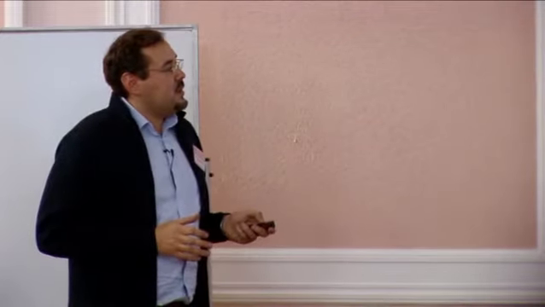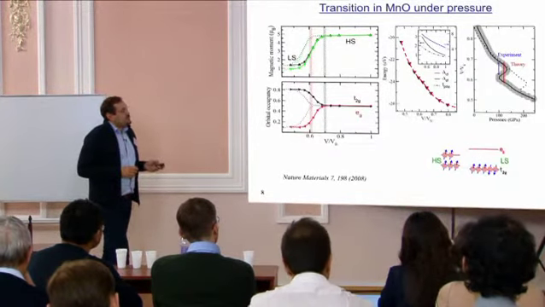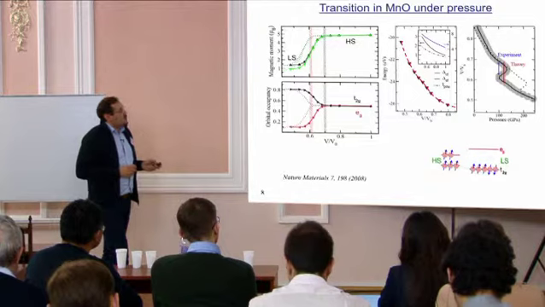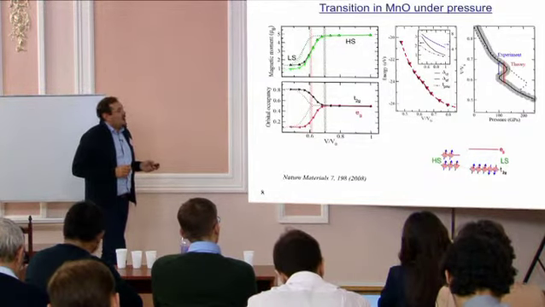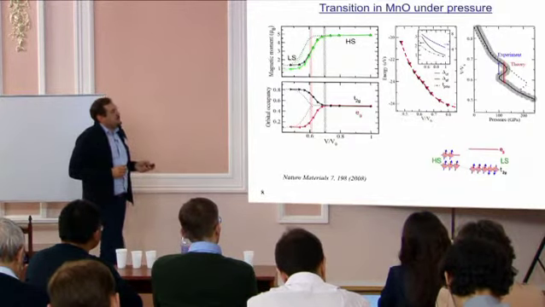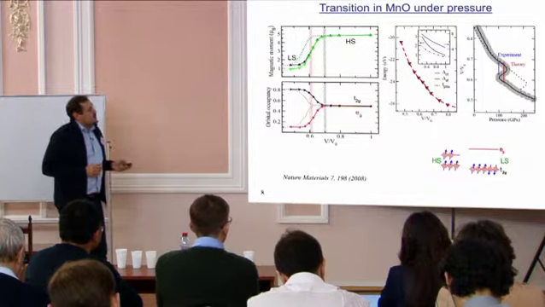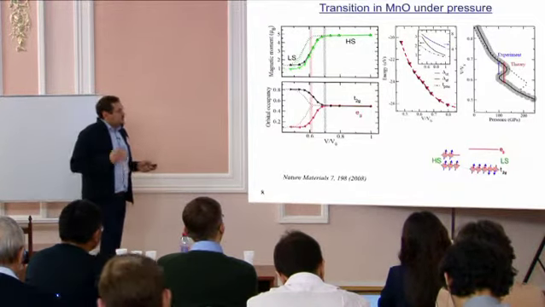The correspondence to the experiment is the following: in the experiment, this spin and insulator to metal transition occurs in a volume range approximately from 0.6 to 0.7, in this region.